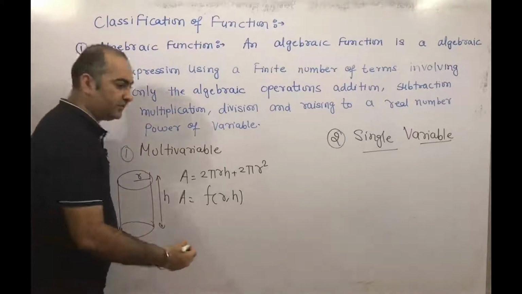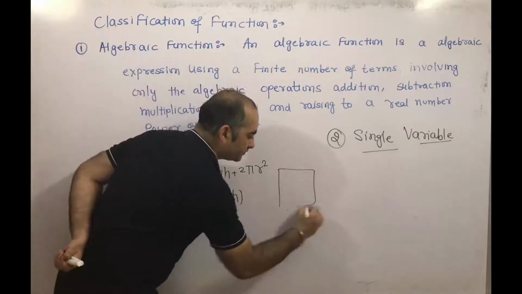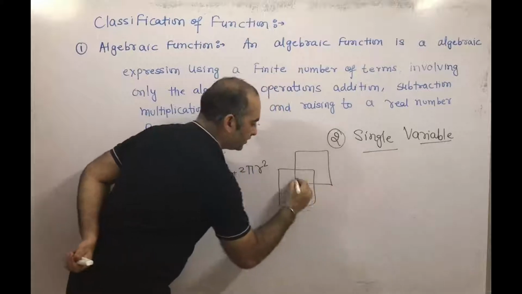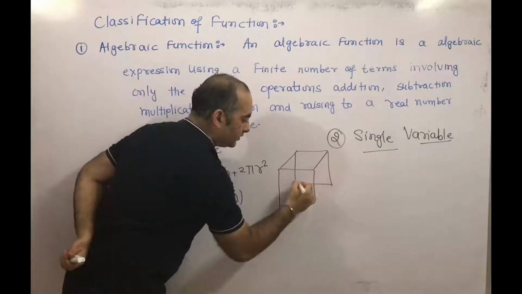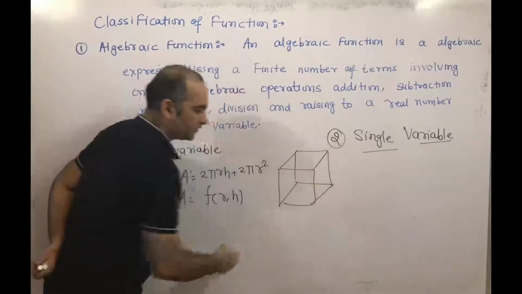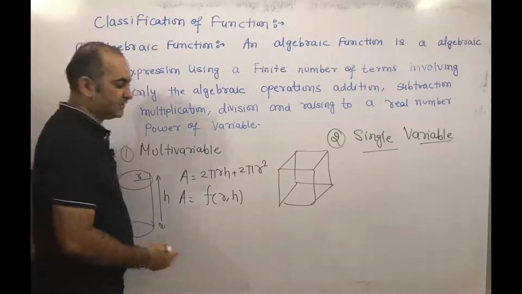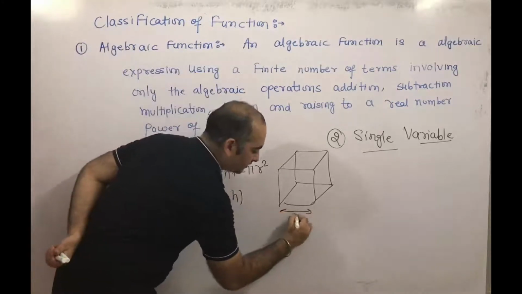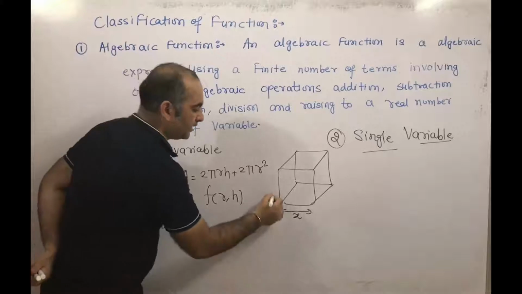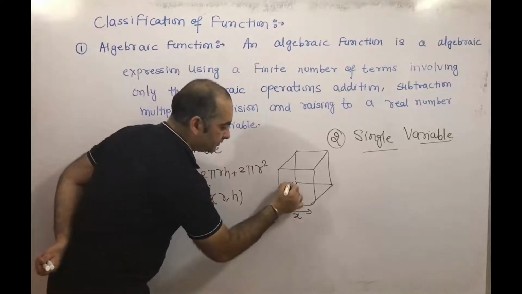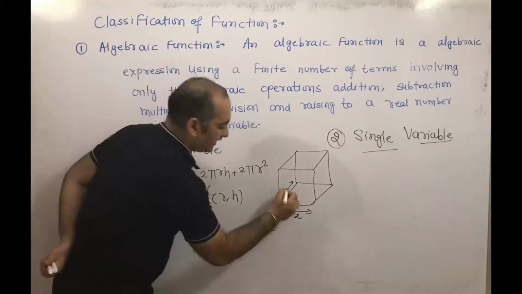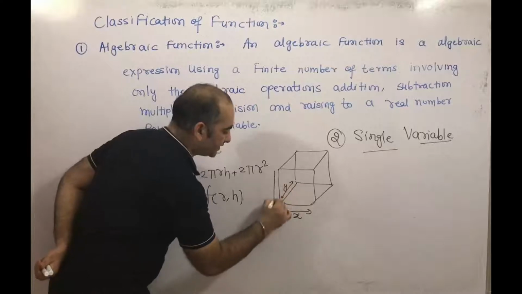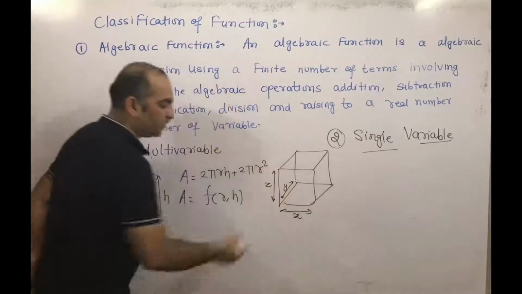Suppose we have a box. In this box, say width is X, length is Y and height is Z. Then what is the volume?